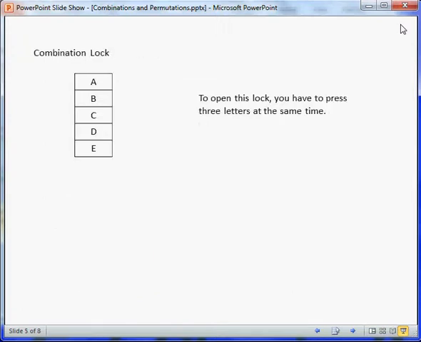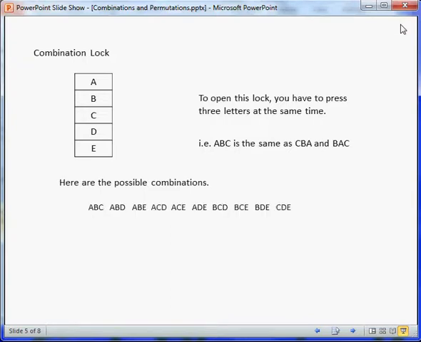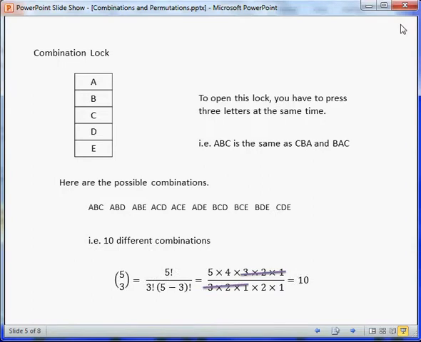Combination lock, you just got to press 3 letters. Well, here are the different possible combinations, and that's 10 different combinations. Now, where does that come from? Well, this formula will help us.